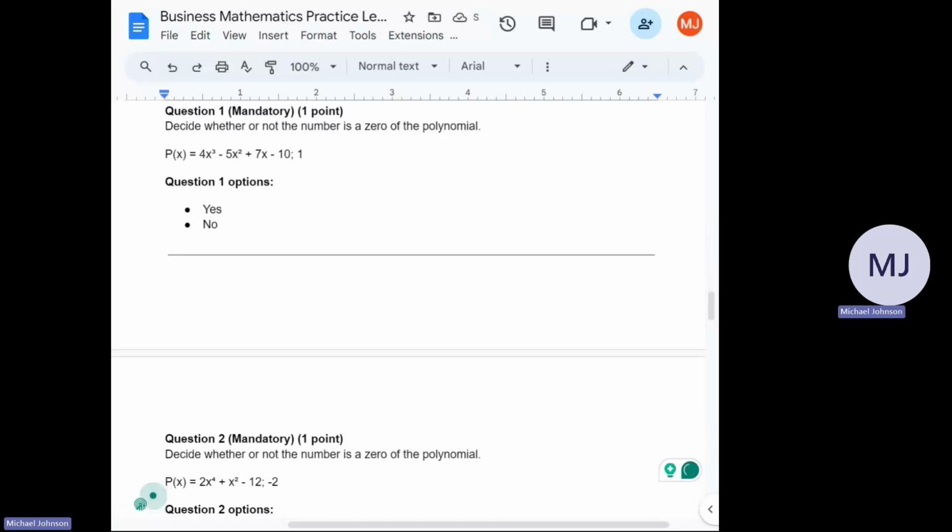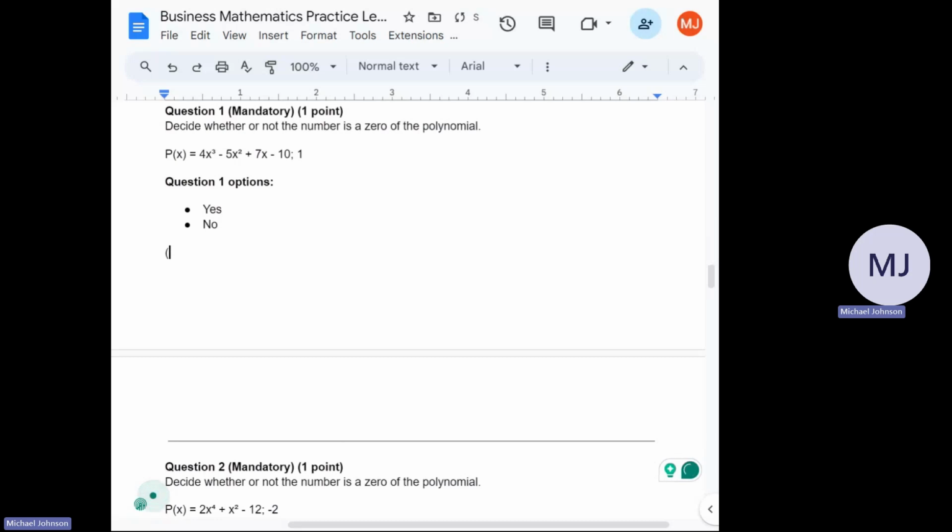And then for the next one, whether or not it's a 0 of the polynomial, we're going to put 1 into this equation. So we put 1 in, so 4 times 1 cubed minus 5 times 1 squared plus 7 times 1 minus 10, and then we get -4.